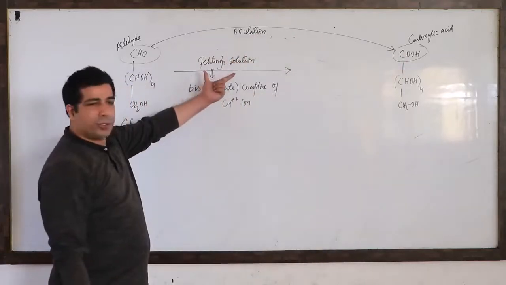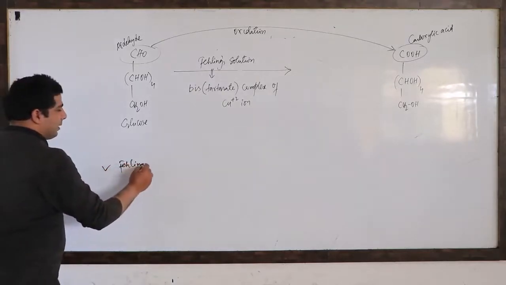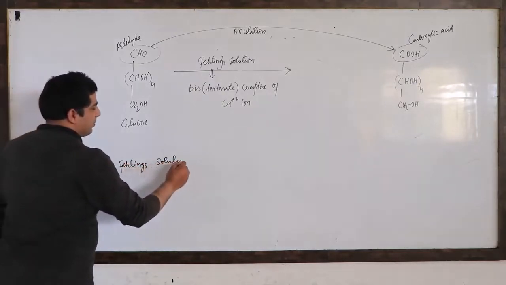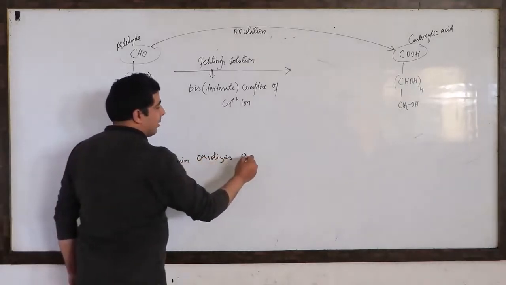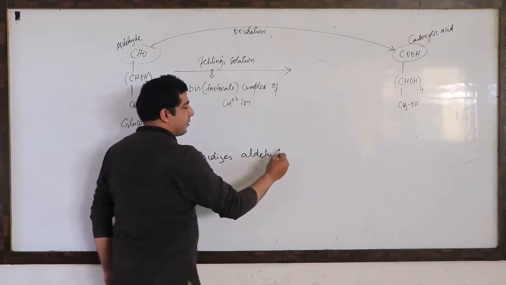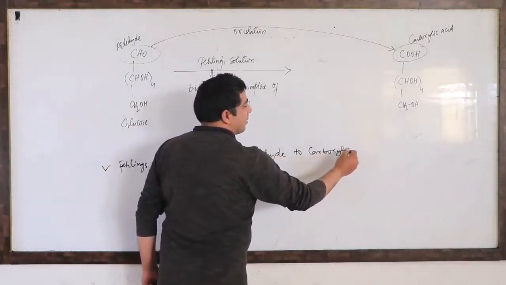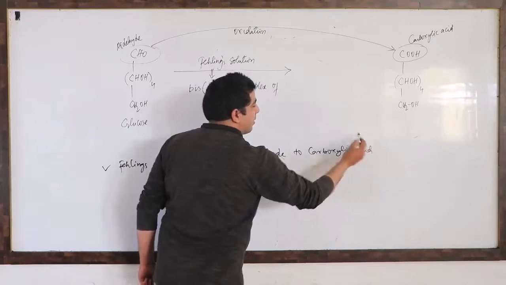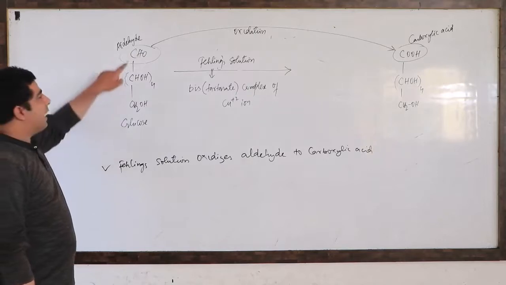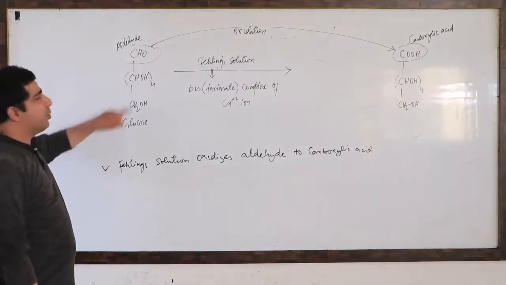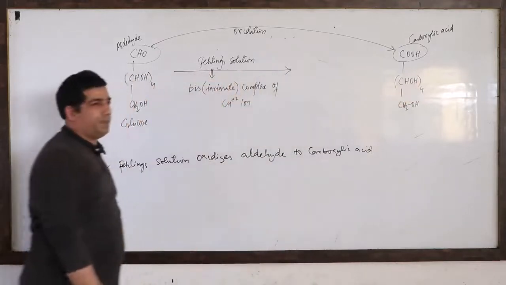The Fehling solution. So my first point is that Fehling's solution oxidizes aldehyde to carboxylic acid. And this aldehyde belongs to glucose, sugar. So the aldehyde of the glucose molecule is oxidized to carboxylic acid by the Fehling solution.